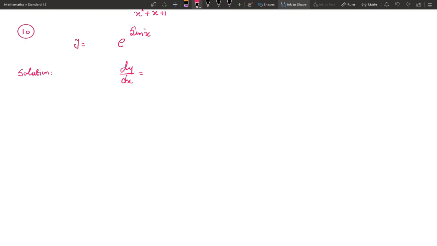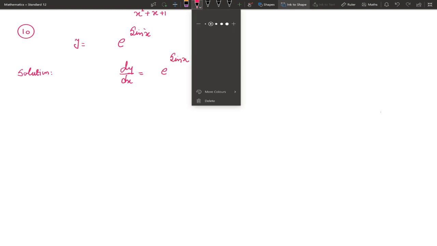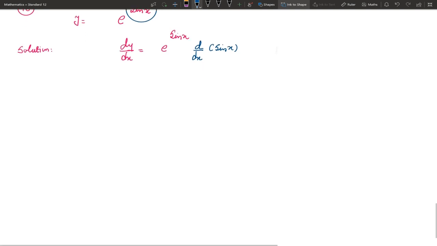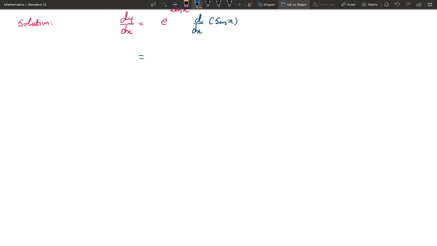So this is e raised to sine x, but as usual power is a function of x. So by chain rule d by dx of sine x. So this is as it is, e raised to sine x, and derivative of sine x with respect to x is cos x. So answer is e raised to sine x into cos x.